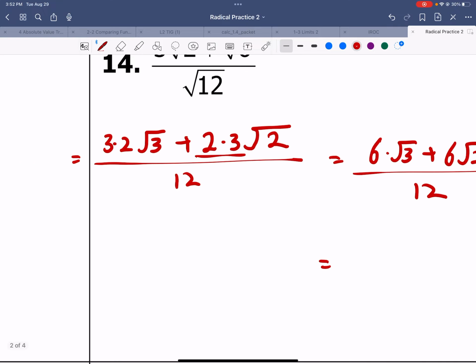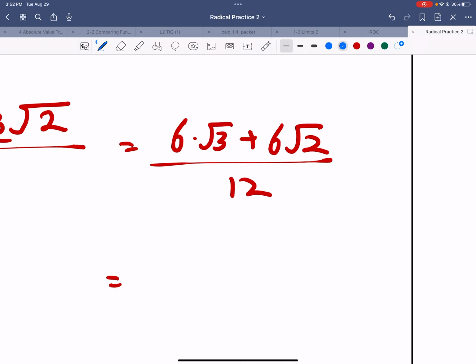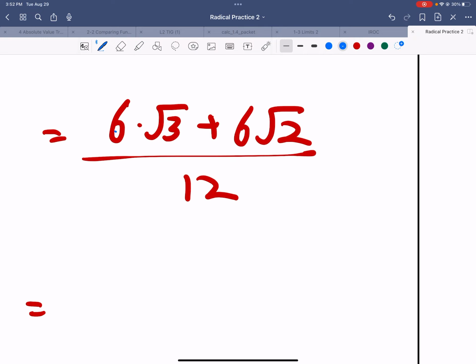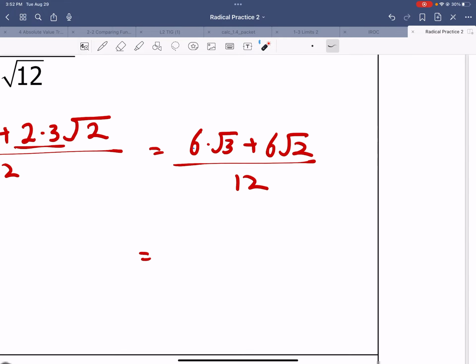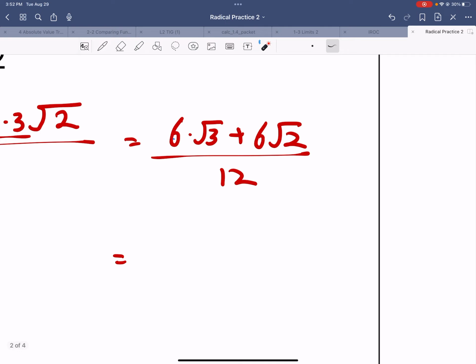And can I simplify this one? Yes. When you try to simplify, both numbers should share a common factor with the denominator, which means let's say I can simplify with a 6. The 6 goes here and here and here.